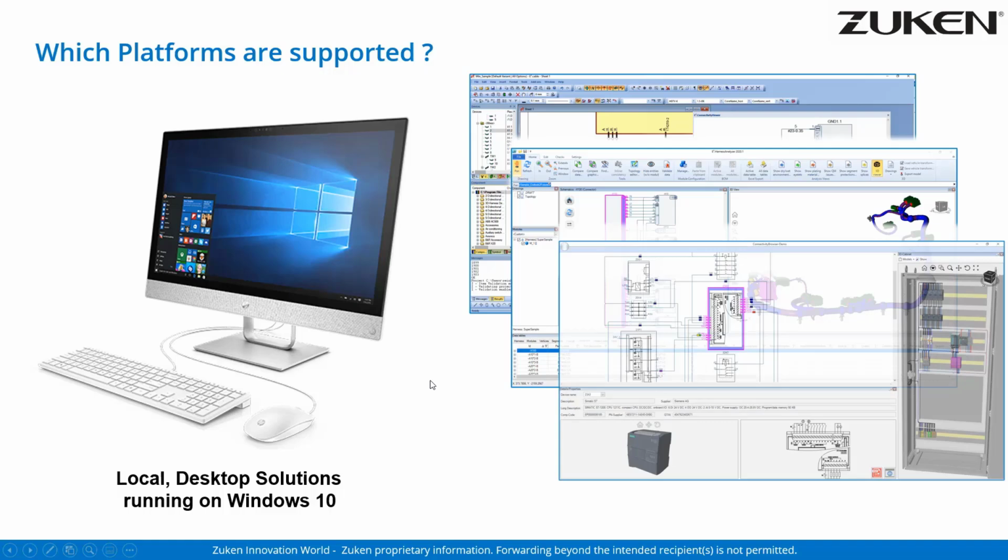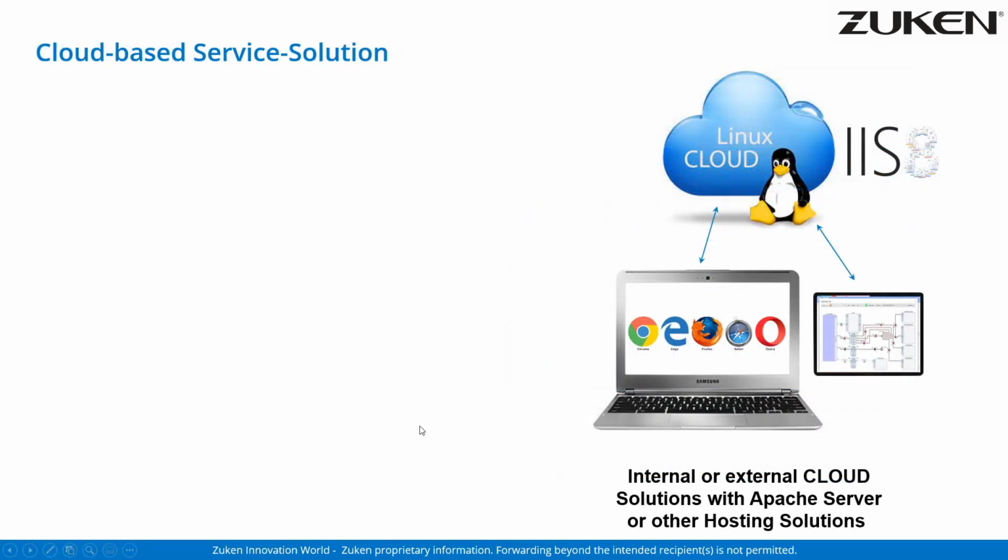Here's an application example also on Windows for the cabinet technology in the machinery industry, a combination between the 3D visualization of the cabinet and the related schematic. Having a look at the cloud technology, we are supporting different servers.